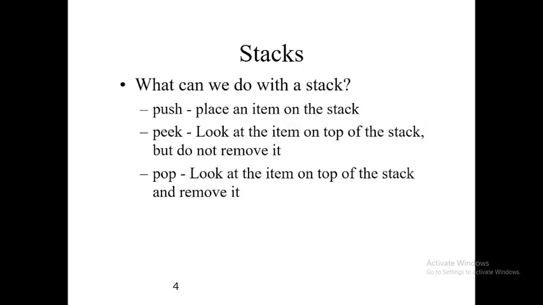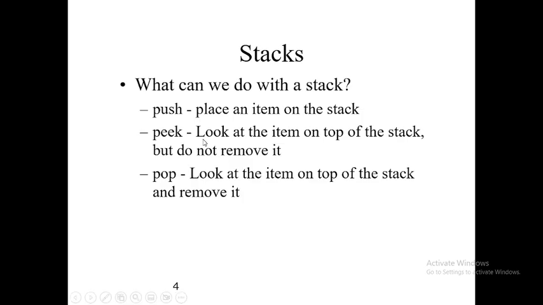What can you do with a stack? Now you have seen the basic definition of a stack. In the previous books example, you can place books, remove books, or look at, like search, which book is in which place.